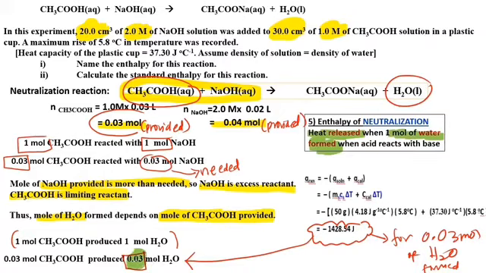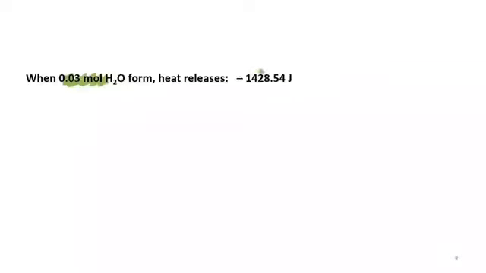Nilai 0.03 menghasilkan negatif 1428.54 joule. So, how to calculate for 1 mole? Kita akan gunakan stoichiometric concept lagi sekali. So, sambung next slide. 0.03 mole of water, heat release is negative 1428. Betul? Kalau ambil 4 angka bererti pun cukup dah sebenarnya.